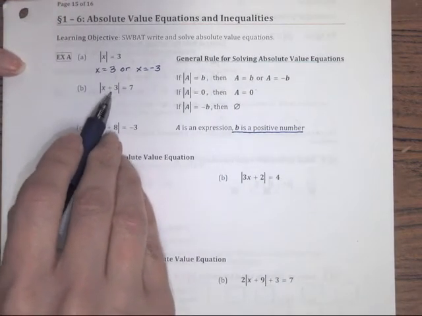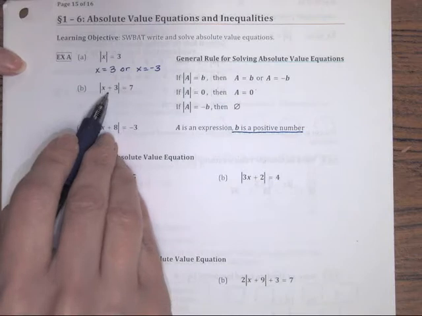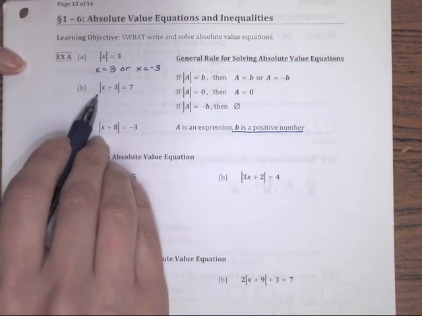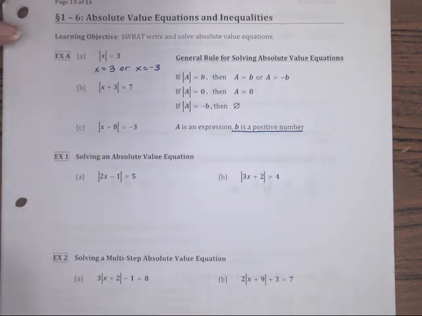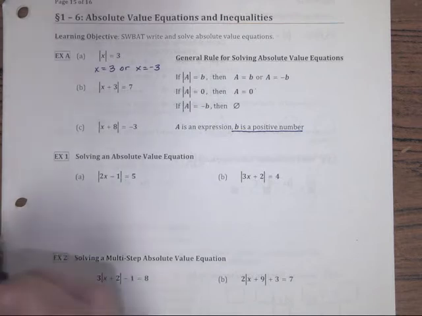This inside of here has to equal 7, right? Or if this inside of here equaled negative 7, then the absolute value would also be 7, right? So what we're going to do is set up two equations, and we're going to solve both of those equations.